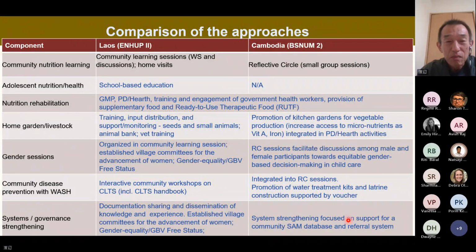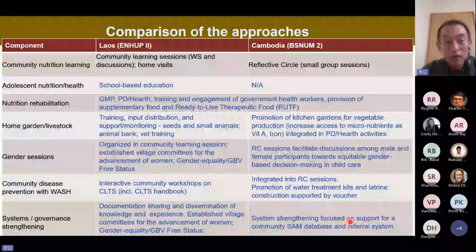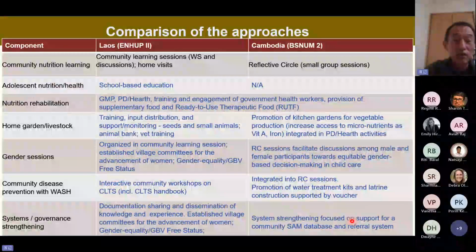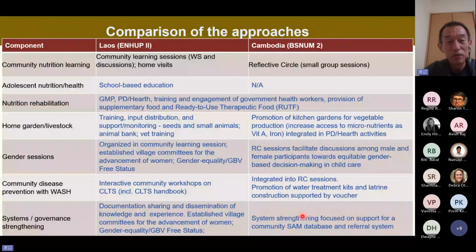Whereas in Cambodia, they focused more specifically on establishing a nutrition surveillance system, which is also a different focus. But together, they contributed to system strengthening and capacity building.